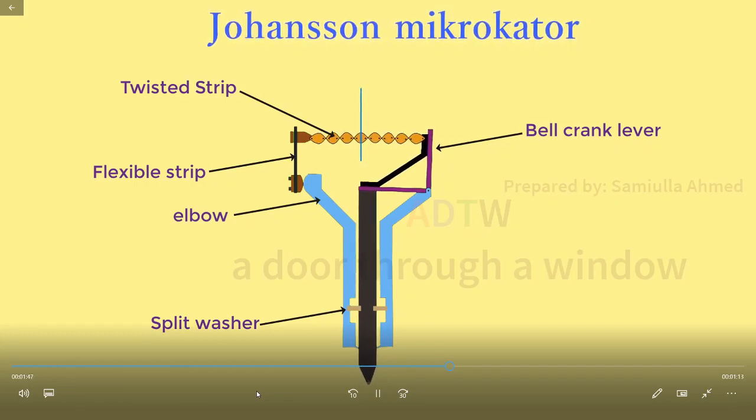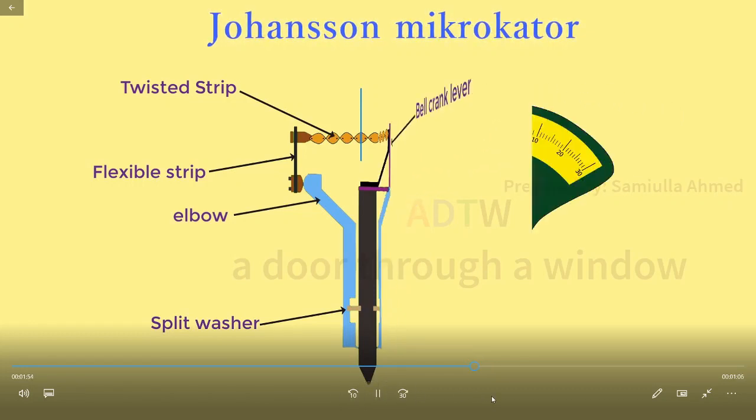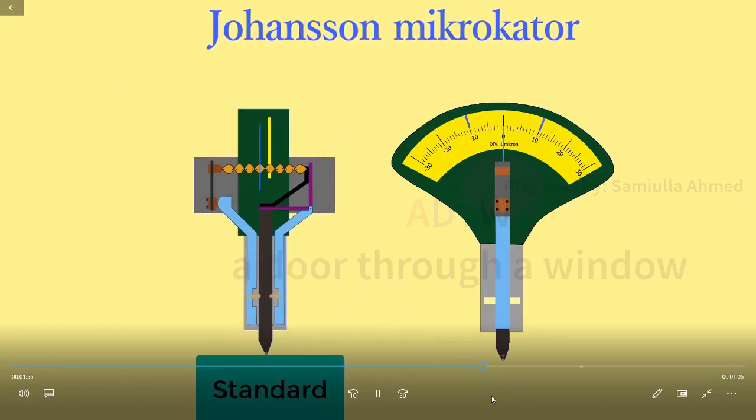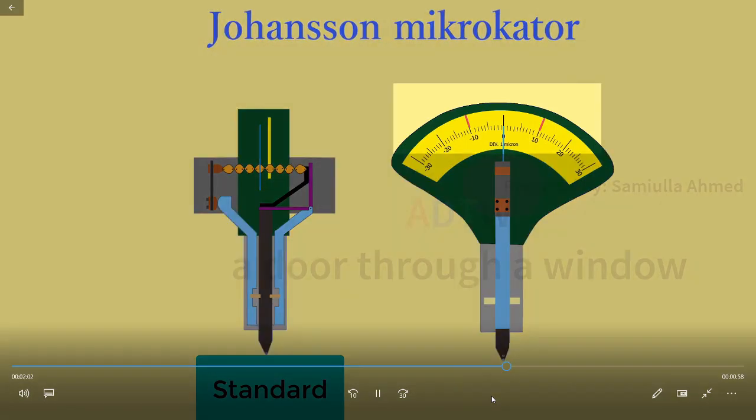Since we understood the construction, now we will see how it is used to compare or its working. The instrument is initially calibrated to the standard and the 0 is set to this value. Instrument also has two pointers which can be set as upper and lower limits.